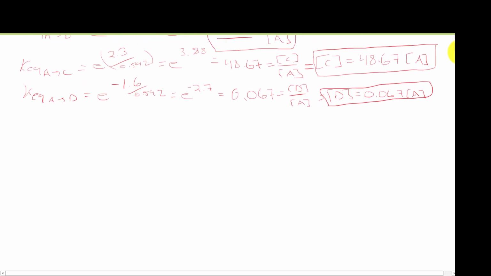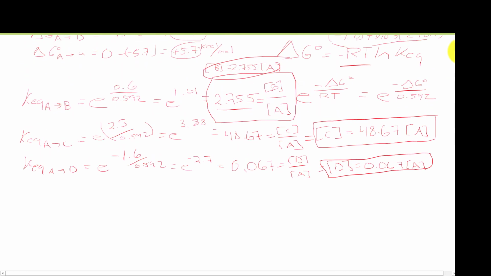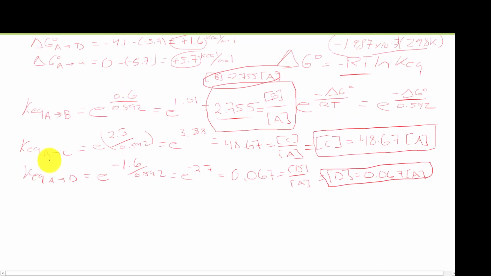All right. And finally, let's use our unfolded. KEQ A to U is equal to E to the negative 5.7 over 0.592.